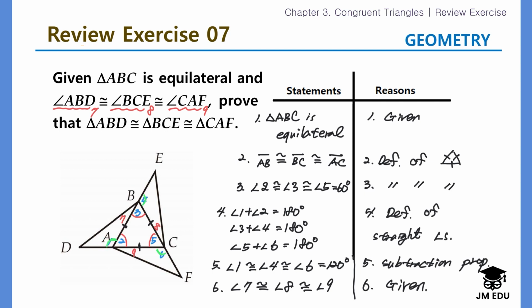So number 7, let me write number 7 right up here. We don't have space. So triangle ABD is congruent to triangle BCE is congruent to triangle CAF. Reason: ASA congruence. Right?